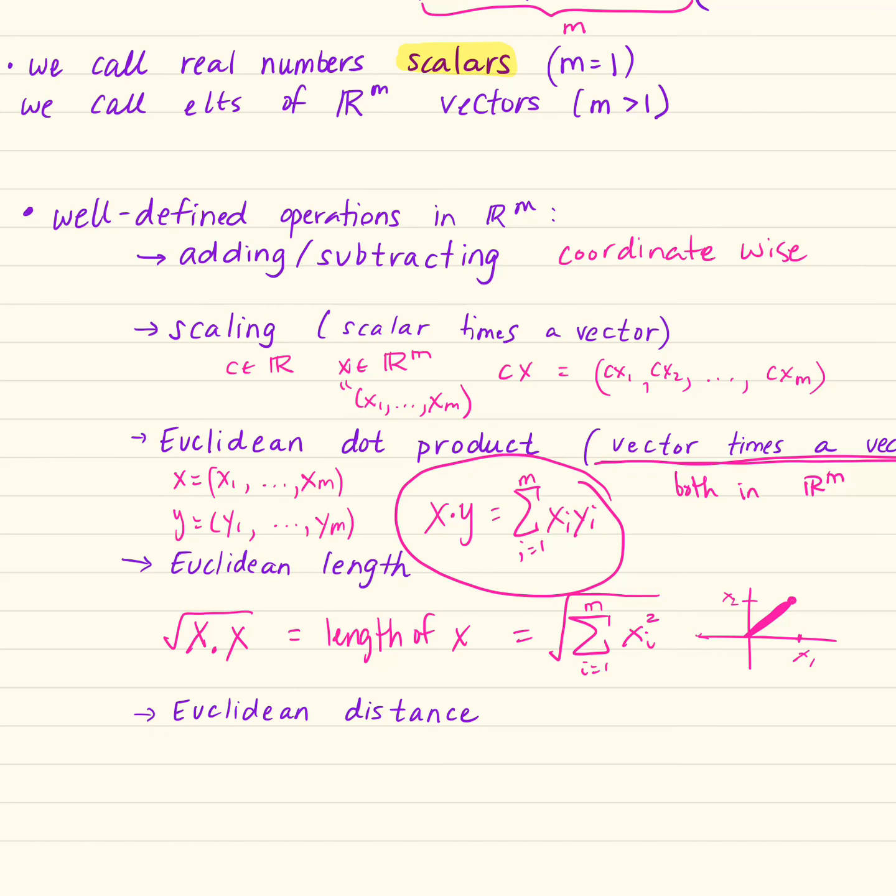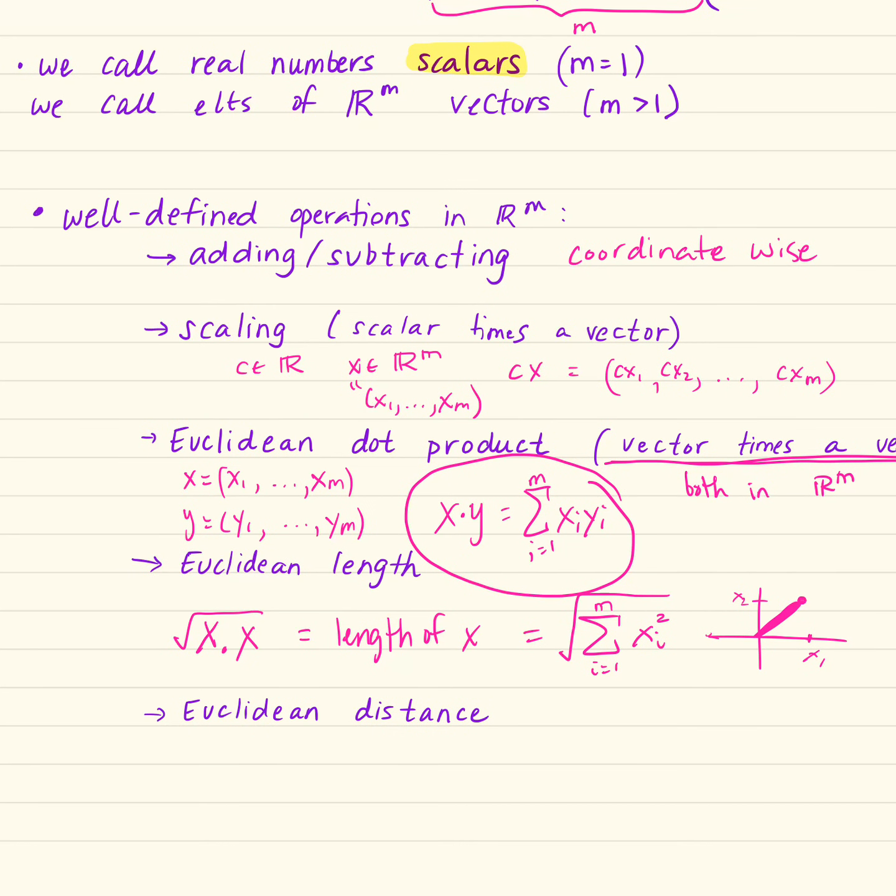Okay. And now what's the distance between two vectors in Rm? So I'm going to borrow this notation from up here for my dot product. I'm assuming that x and y are vectors in Rm, and the distance between them would be denoted like this.